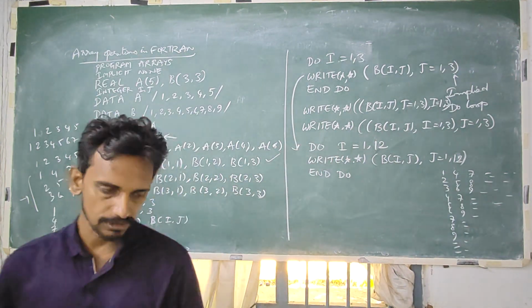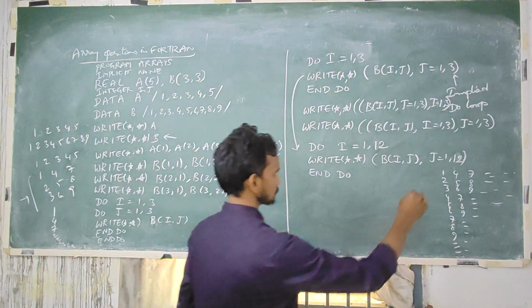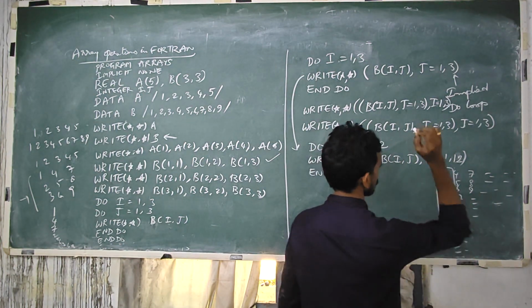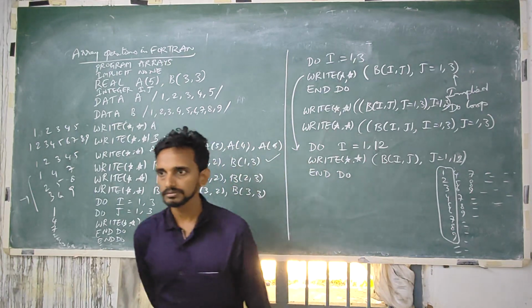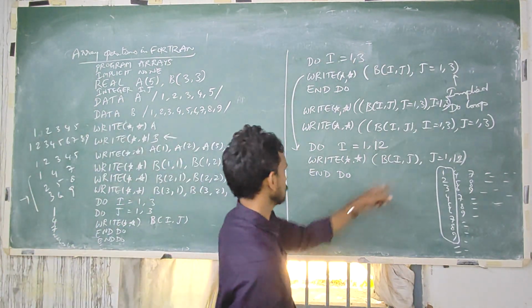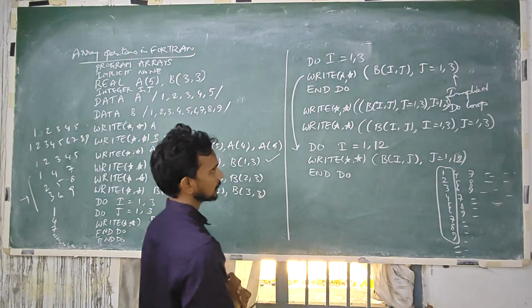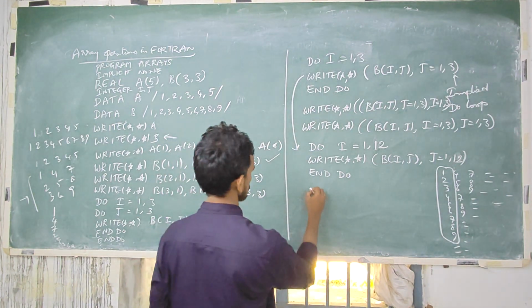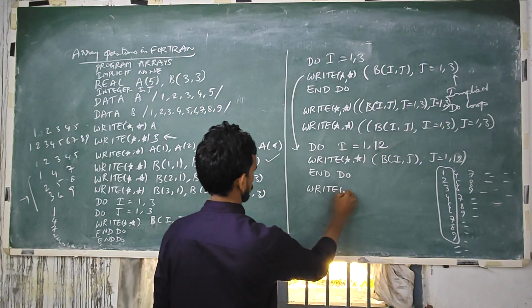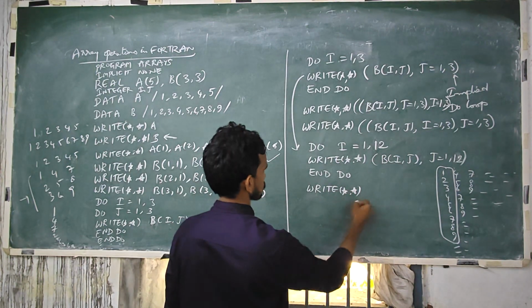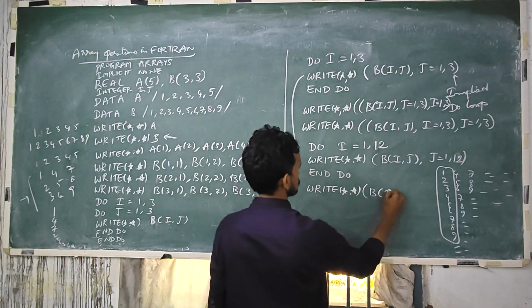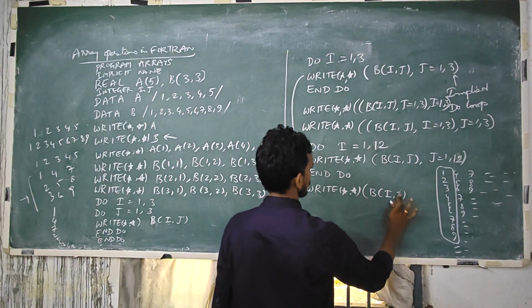So you can access the entire matrix using a single loop index I. You can write the entire matrix just by writing B of I comma j, I comma 1.